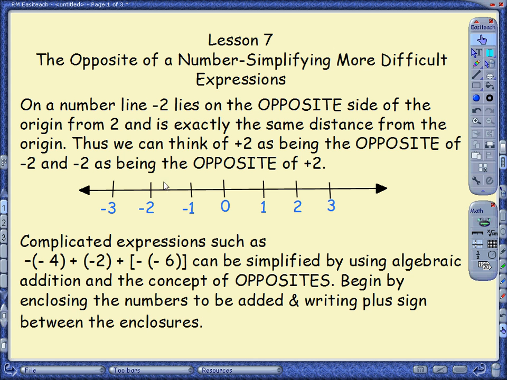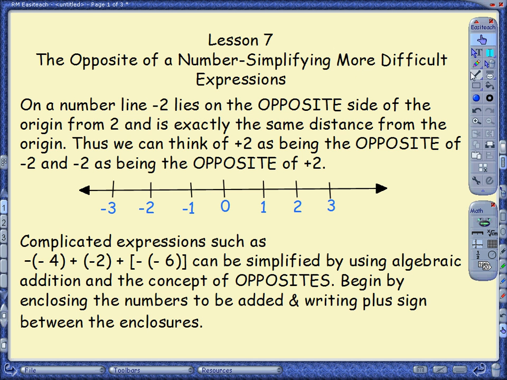Thus we think of +2 as being the opposite of -2, and -2 as being the opposite of +2. Complicated expressions such as this can be simplified by using algebraic addition and the concept of opposites.